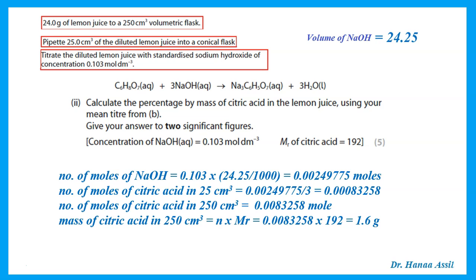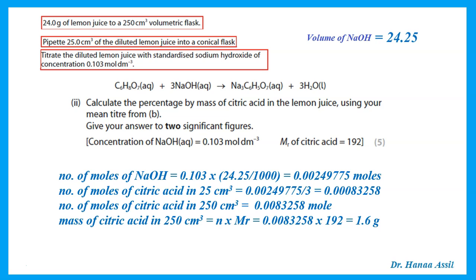The mass would be the number of moles times Mr. This is the mass of the citric acid. We are given the molecular mass of the citric acid there, 192. So the mass of the citric acid that is in the lemon juice is 1.6 grams.